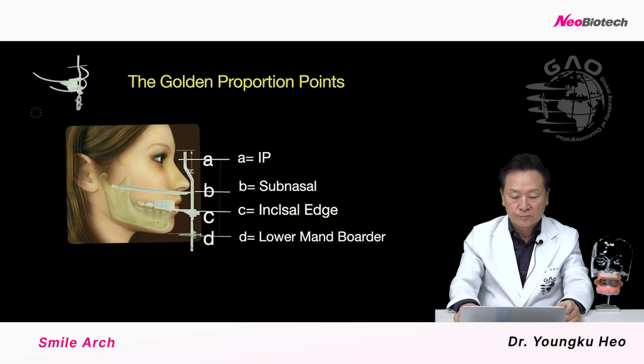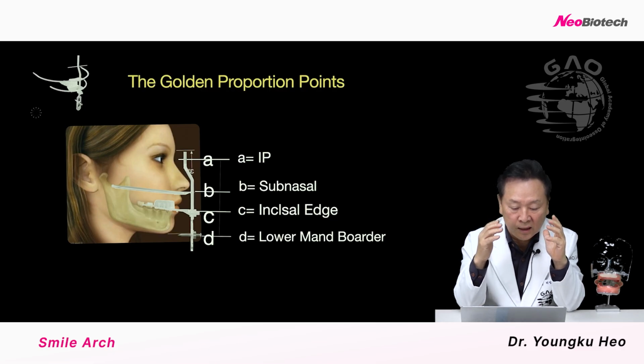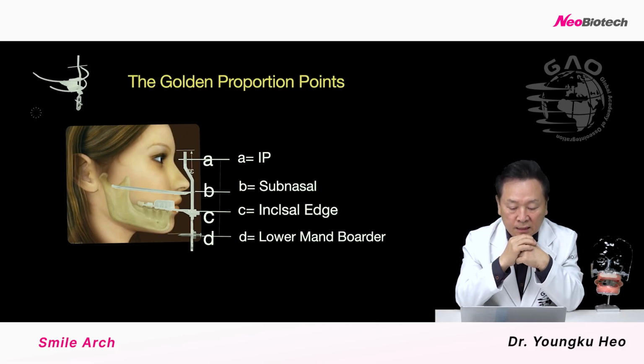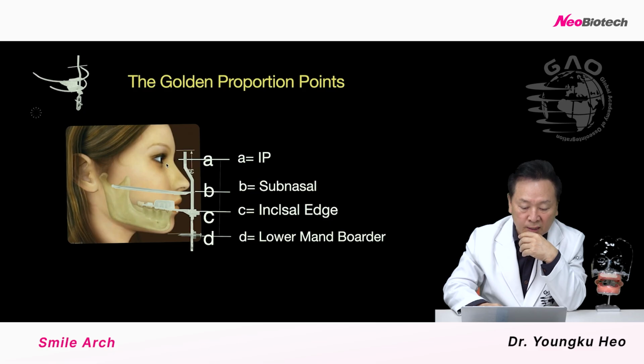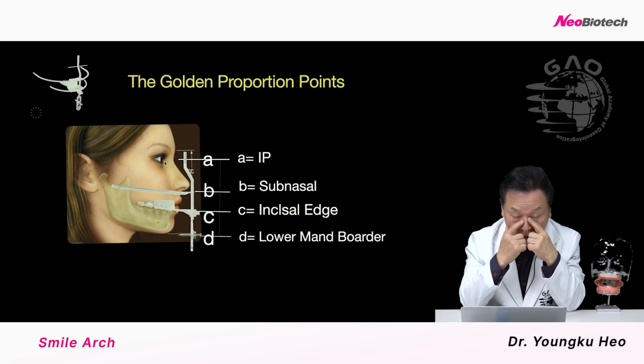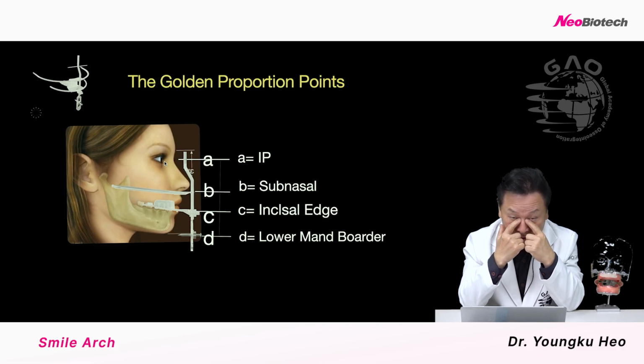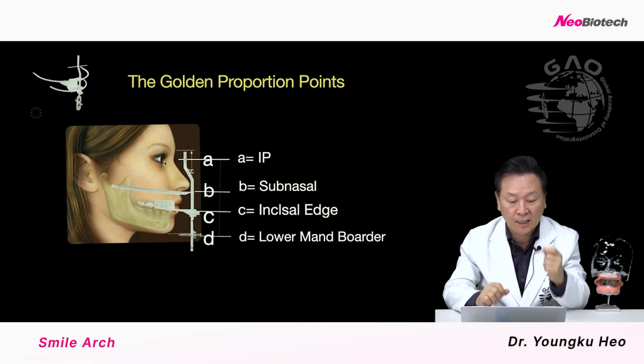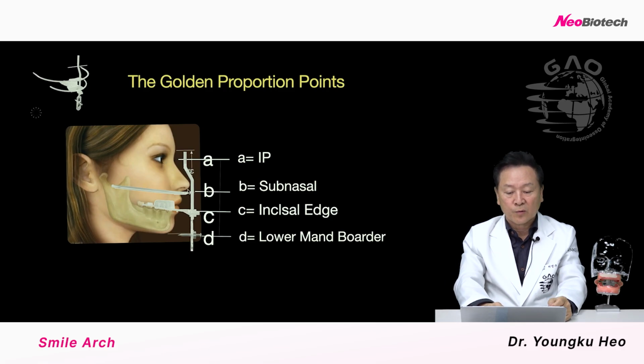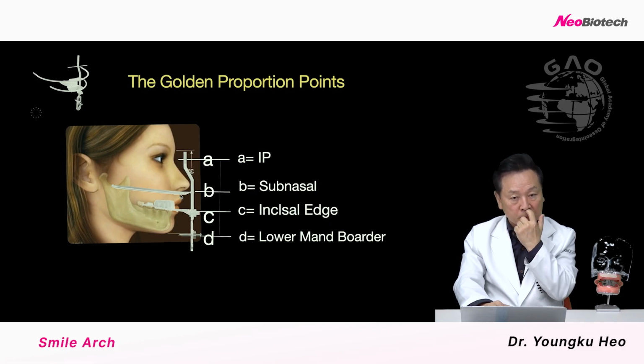So as you see here, we want to utilize the ABCD points. A is the interpupillary line here, at the tail of the eye. We call this the A point, the IP point. The B point is the subnasal point, just underneath the nose.